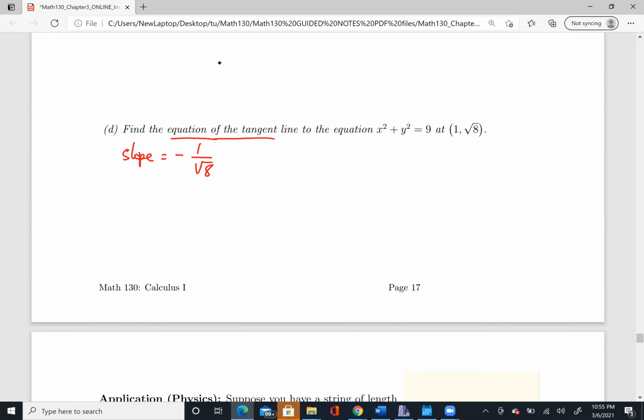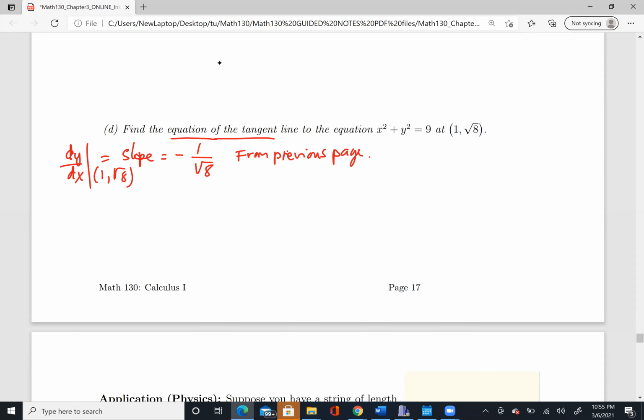That is from example 21, from the previous example page. So you can see that's the slope, or dy/dx. So dy/dx at (1, square root 8) equals the slope of the tangent line.